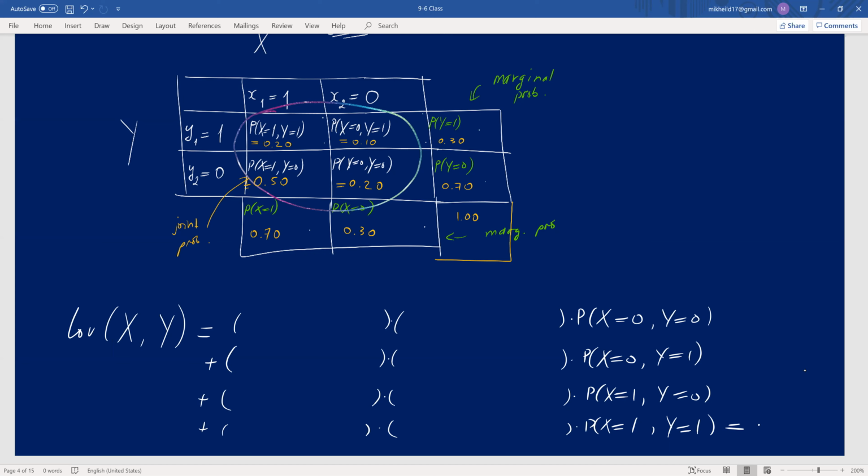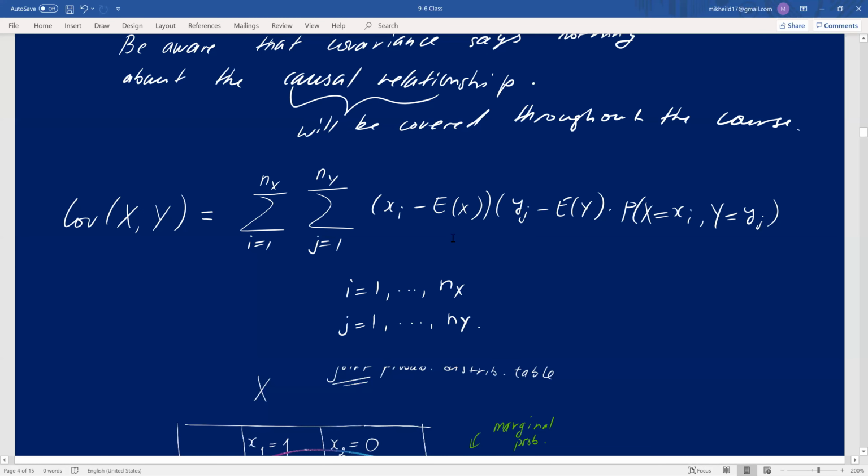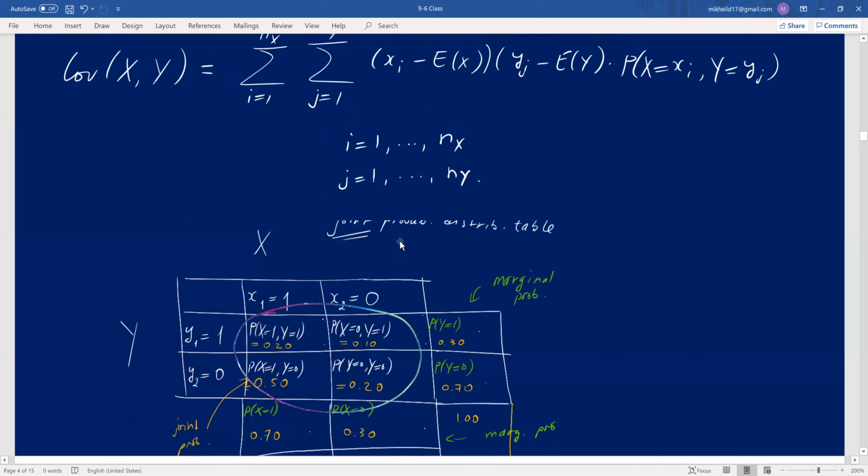Let me just ask you, do we have any more joint probabilities? Did I list all the joint probabilities here? Yeah. So according to this formula, what will I have here?